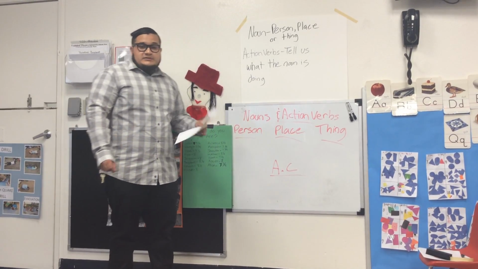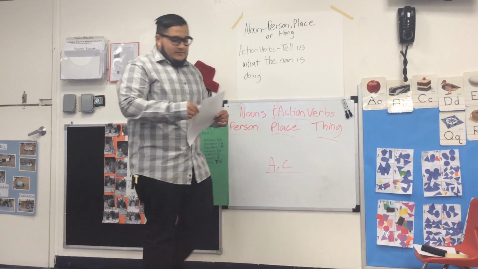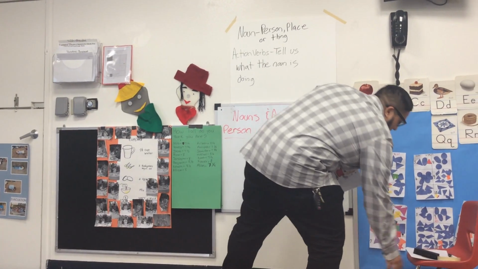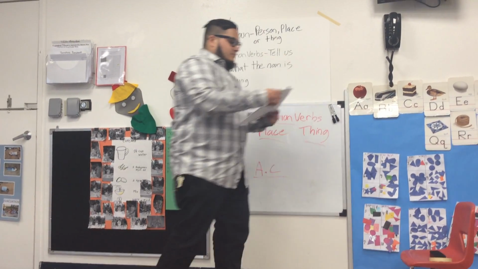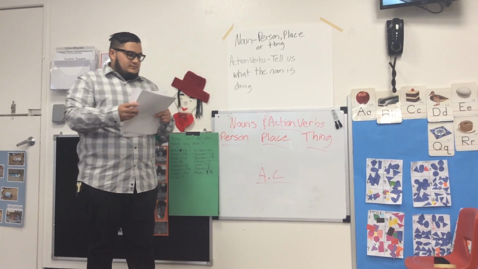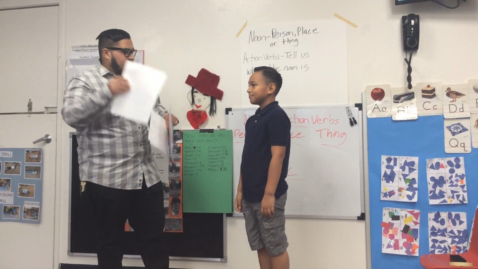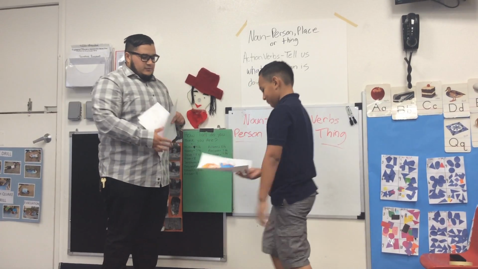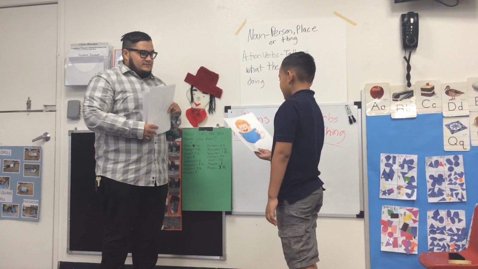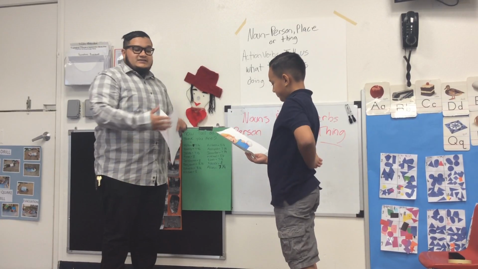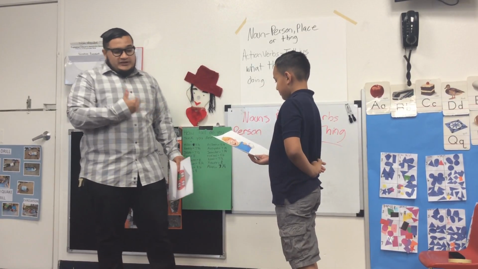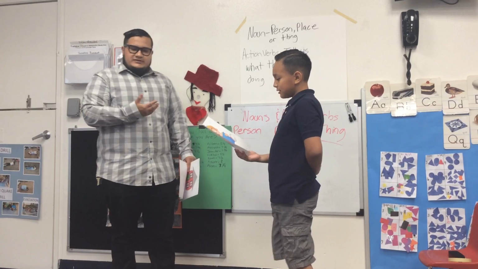Just like we did before, we're going to categorize more nouns and now action verbs. Who wants to come up first? All right, we're going to take Zeke since he's the one with the quick hand. Here's your picture. What is that picture of? It is a picture of a boy. But is the boy doing something in this picture? Yes. What is he doing?